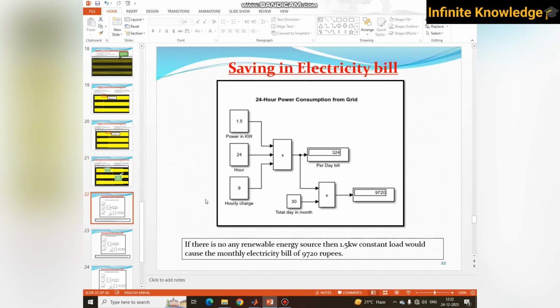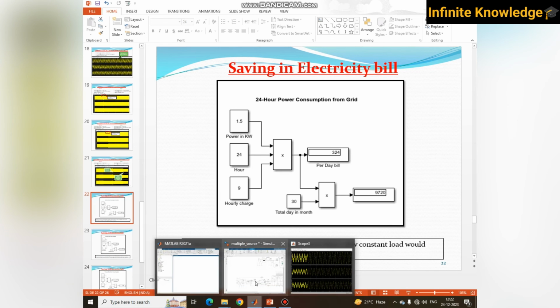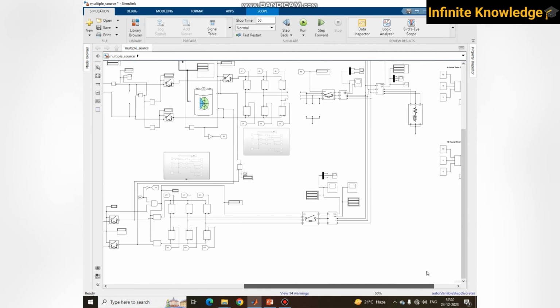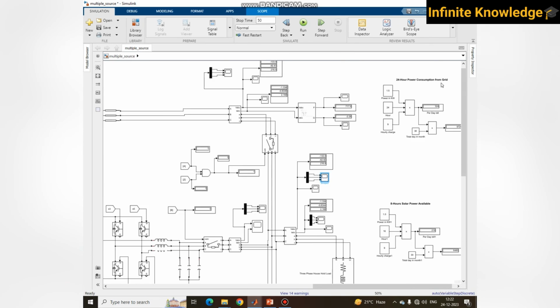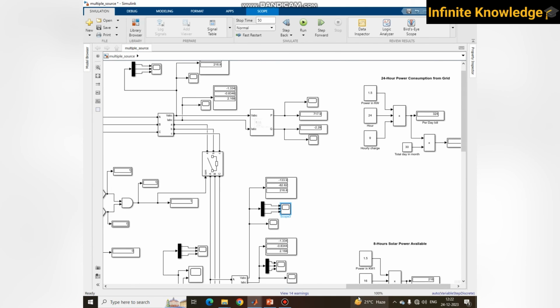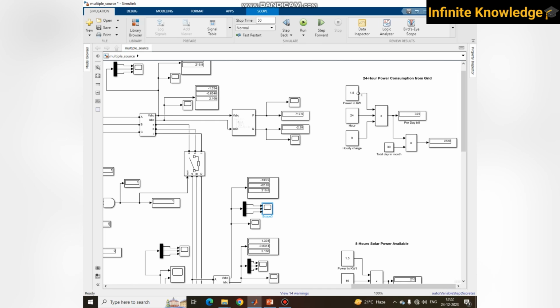What is the further? Further is the saving in electricity bill, and that I have also calculated here. It is a fixed load, 1.5 kilowatt fixed, and if you consider the 24 hours power consumption from grid, so it's 1.5 kilowatt for 24 hours, and let's consider 9 rupees per unit is charged.